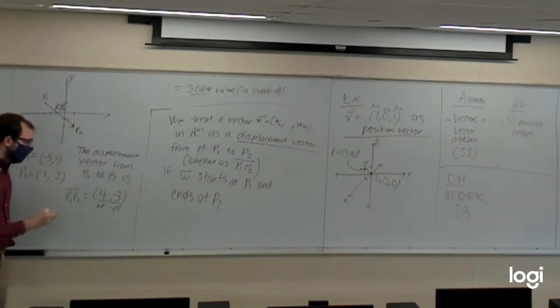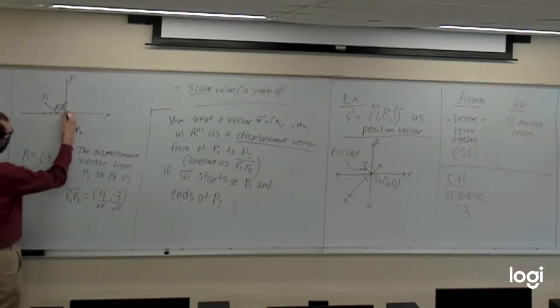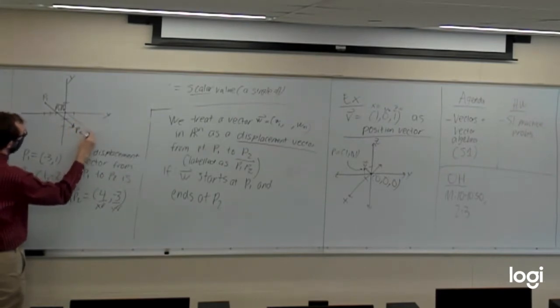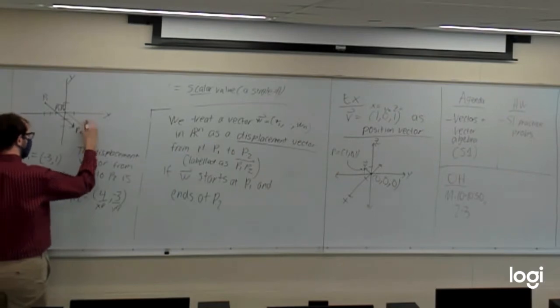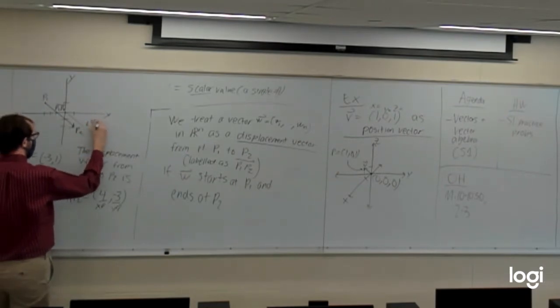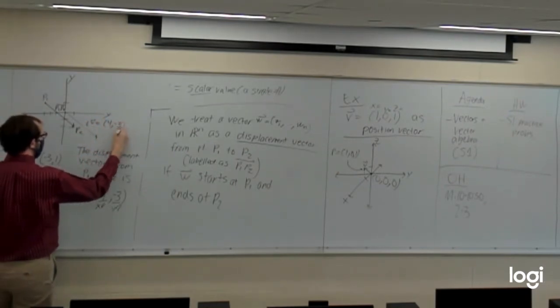This vector, by the way, if we had tried to draw (4, -3) as a position vector rather than a displacement vector, would have looked something like this. And this is going to be the vector (4, -3) as a position vector.